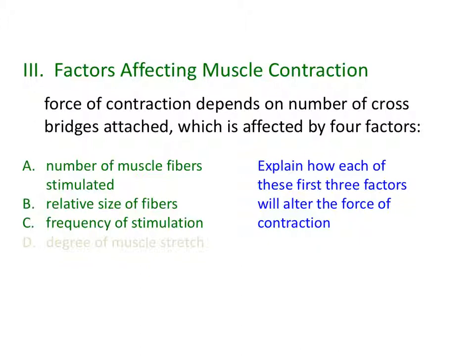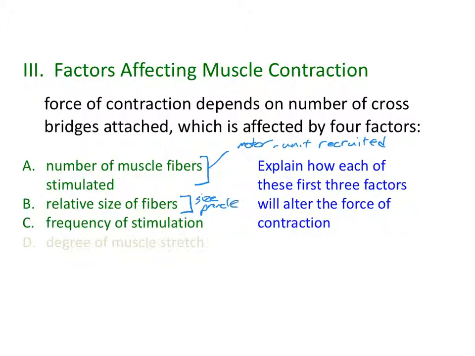And just as a reminder, or hopefully you've now answered this, number of muscle fibers stimulated is regulated by motor unit recruitment. So the more motor units recruited is going to increase the total number of muscle fibers activated, which increases the number of cross bridges being generated and generates more force. As stimulus increases, so this is a size principle.